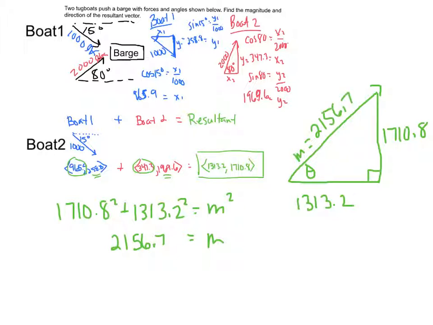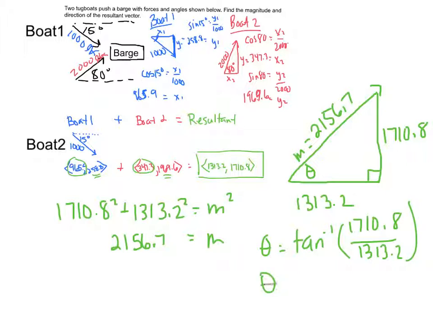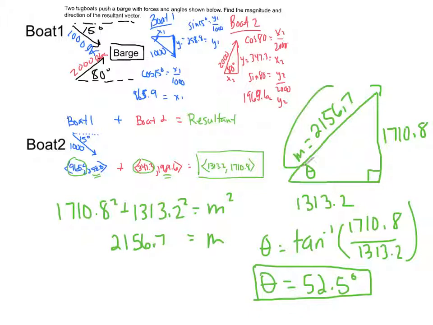And then to figure out our direction, theta, we're going to do the inverse tangent of 1,710.8 divided by 1,313.2, and that gives us a theta of 52.5 degrees. So we've got our direction, 52.5, and our magnitude, which is 2,156.7. And we're done.